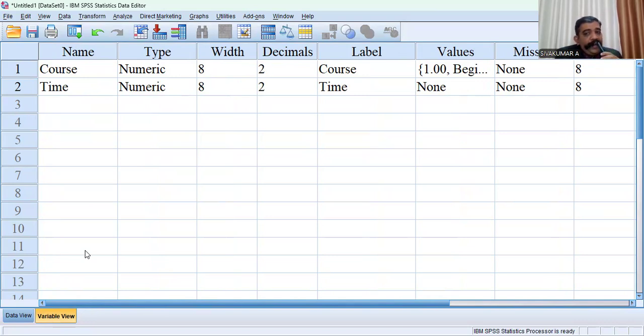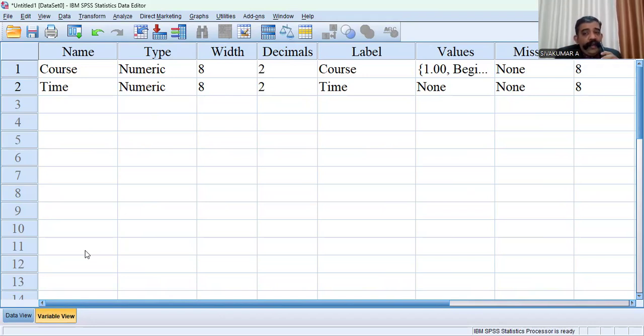Then there are so many mandatory assumptions related with the one-way ANOVA also. Certainly, you should check, test those mandatory conditions or assumptions. If those mandatory conditions or assumptions are satisfied, then you can apply one-way ANOVA.